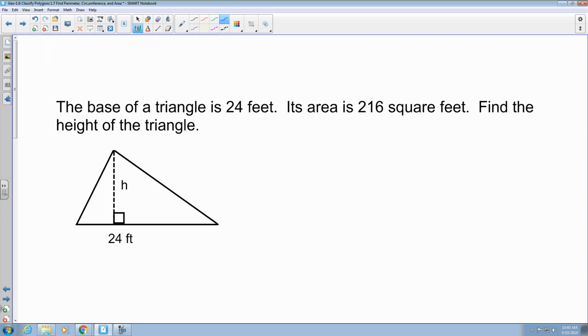All right, so here it says the base of a triangle is 24 feet, which is illustrated here. The area is 216 square feet. Find the height. It's a triangle, so area equals 1/2 base times height. They give us the area and the base. We just need to find h.